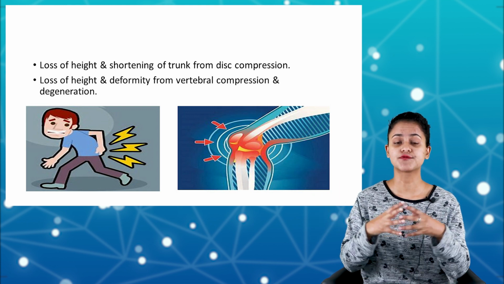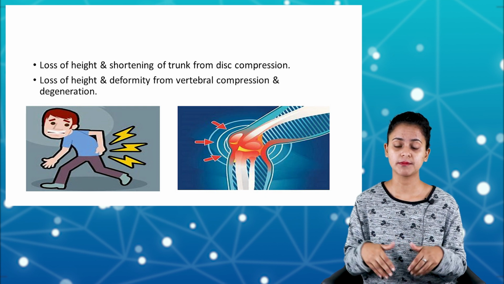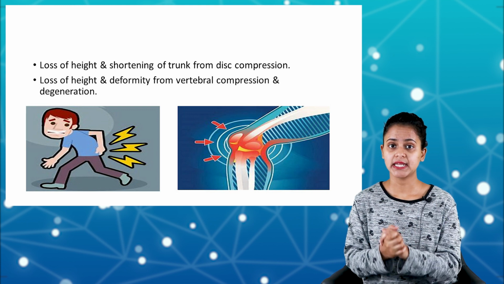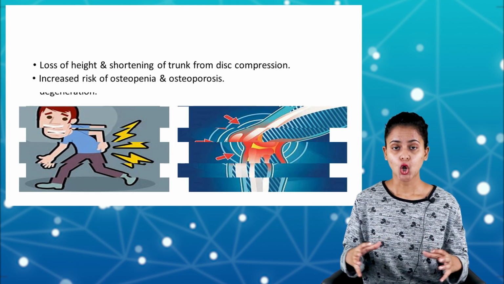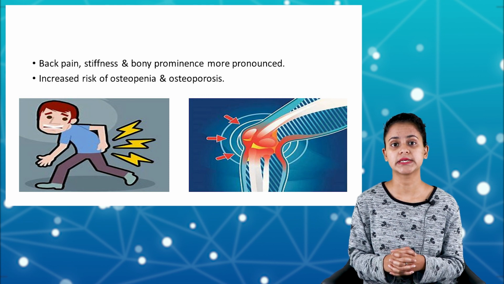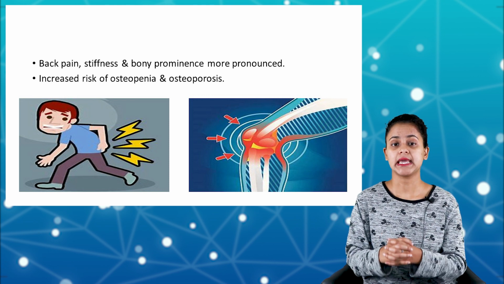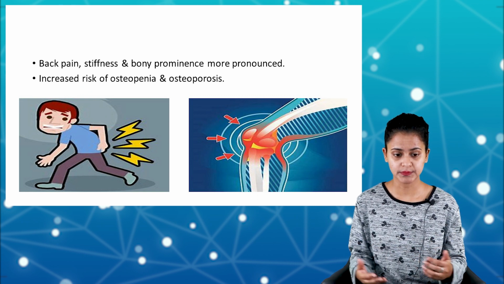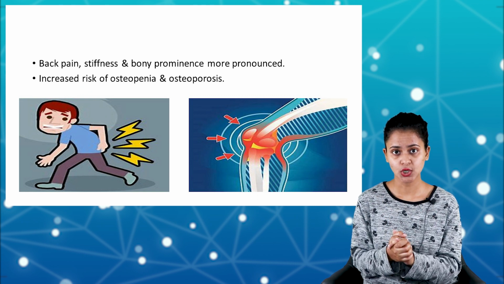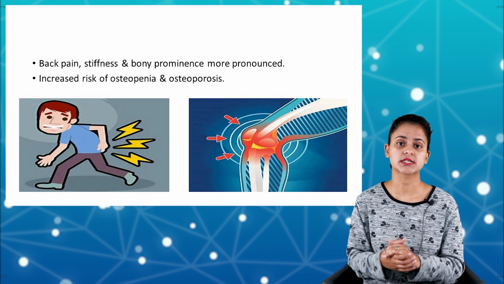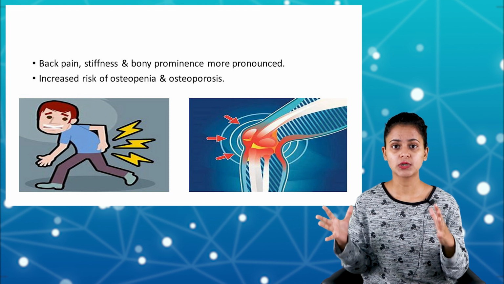Loss of height and deformities often will occur because of vertebral decompensation and degeneration even. Often the client, due to the stiffness, will complain of back pain, and stiffness in the bony prominences will be complained of. There will be a high risk of development of osteoporosis within older adults.